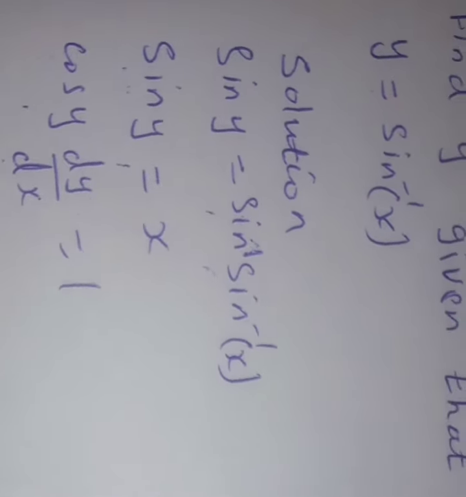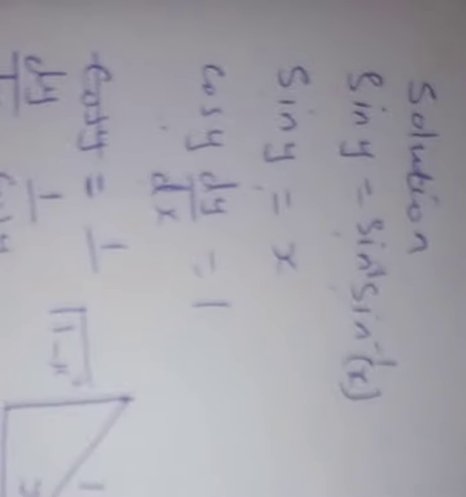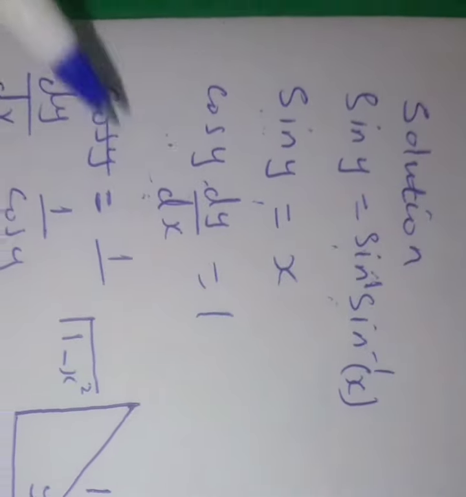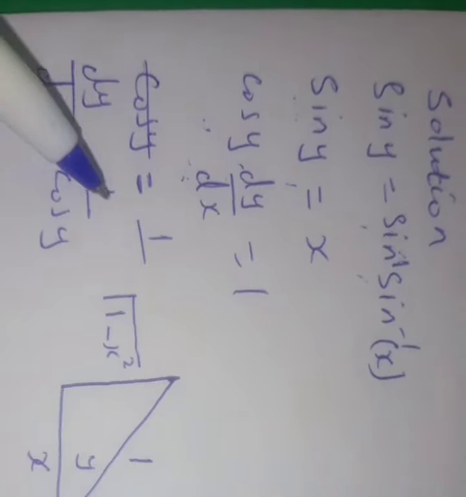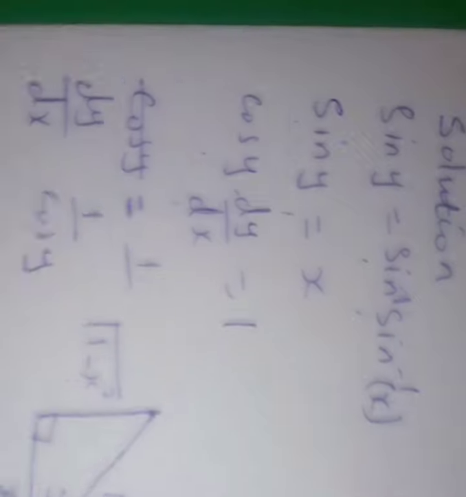So we divide both sides by cos y. Dividing both sides by cos y, we shall be left with dy over dx is equal to 1 over cos y. We consider this right-angled triangle.